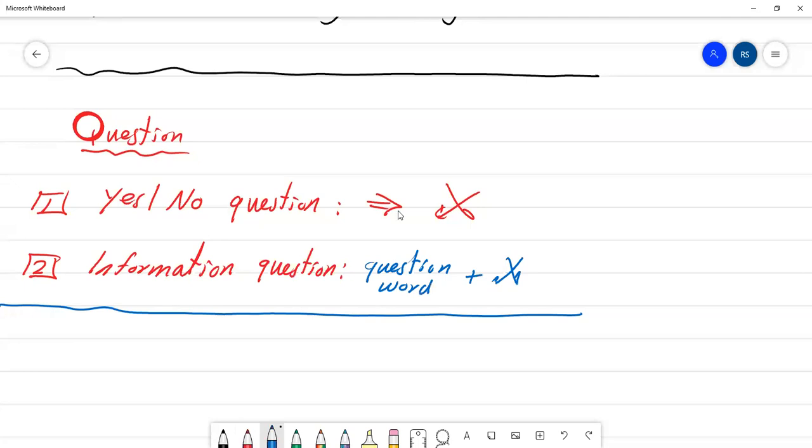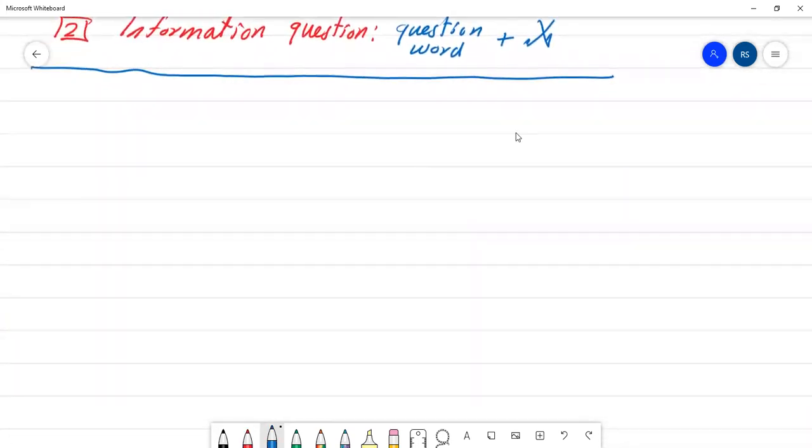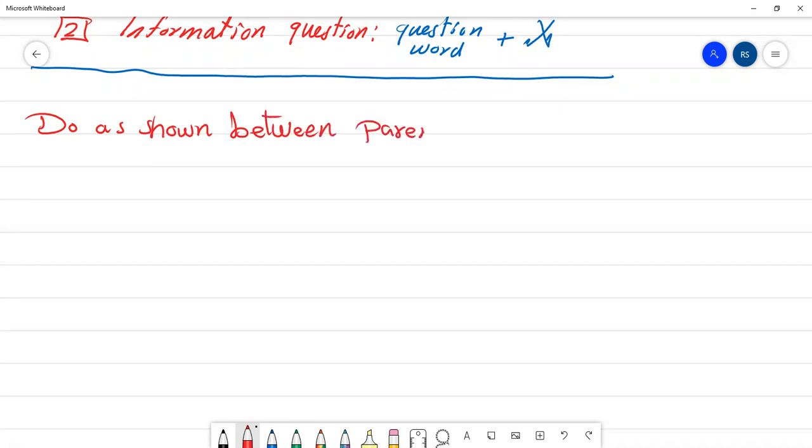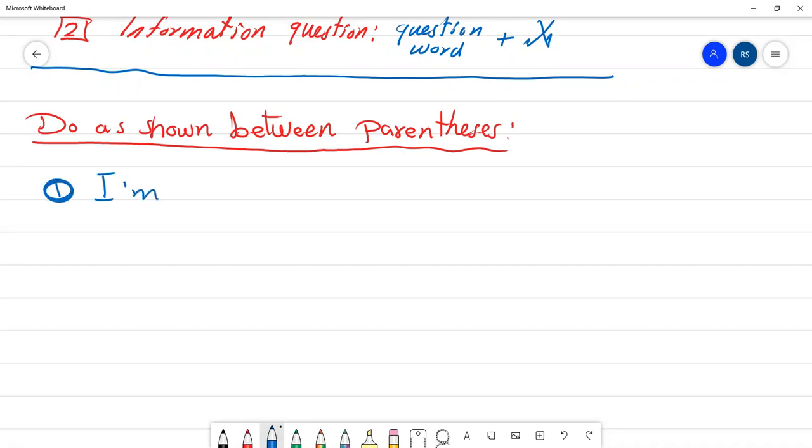For example, do as shown between parentheses. One, I am doing my homework.